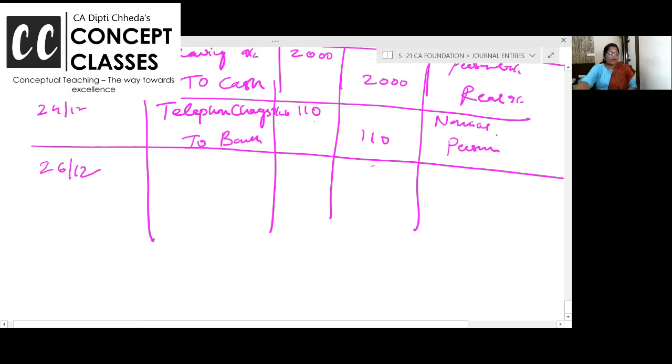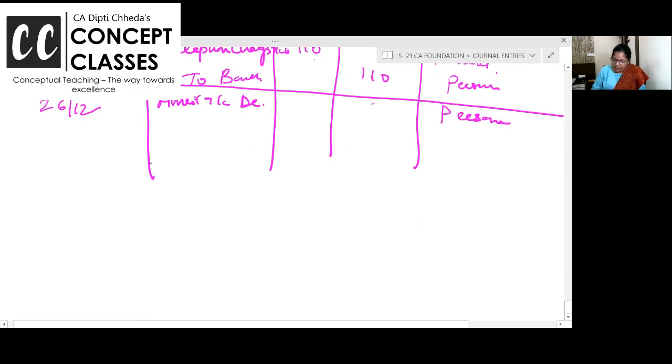26th of December, amount paid to Amrit in full and final settlement. We paid Amrit a lesser amount. So first you write the journal entry. Amrit account debit. Why? Because it's a personal account, debit the receiver. Amrit is the receiver, so debit Amrit account.